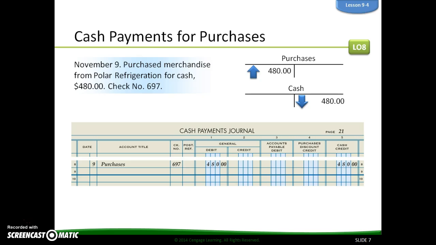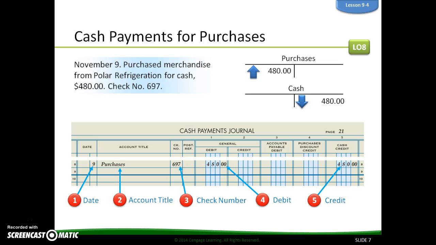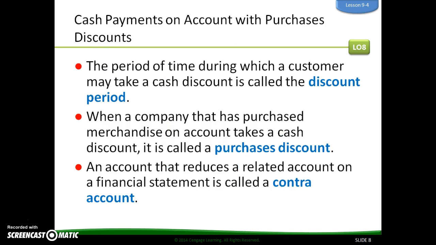So again, in my cash payments journal, on the 9th, I'm dealing with purchases, check 697. I'm going to go ahead and debit, and that's the general account, and then I'm going to go ahead and credit my cash.